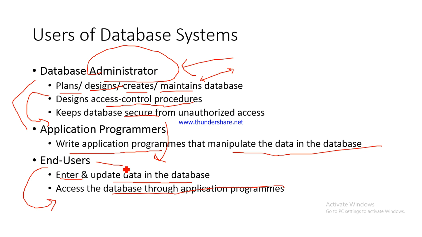Just like I said, in case you are withdrawing 1000, they will key in this data, they will enter this data, and then naturally there would be a modification in data and the balance that would be shown would be much less now, because 1000 you have already withdrawn. Is this okay? So these are the three entities who can be said to be the users of database system.